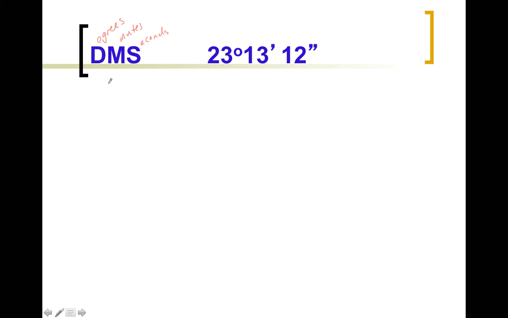And what this is, it's a way to describe an angle that might be 23.17265 blah, blah, blah. And in the real world, this is what would actually show up. We would not see this 23 point blah, blah, blah. We would see 23 degrees, 13 minutes, and 12 seconds.